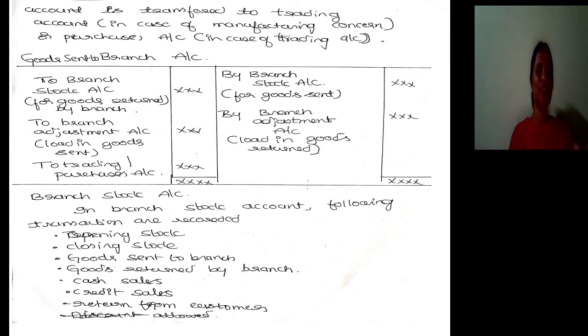We are going to discuss those journal entries later. The balance in the goods sent to branch account will be transferred to either the trading account or the purchases account.